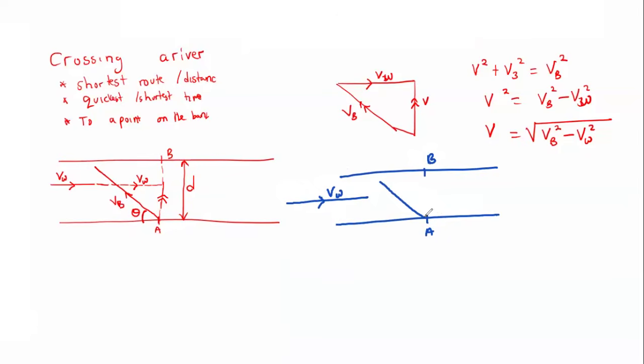You are going to come like this, and as you come, the water is going to push you like this. This is the velocity of the water, and this is the velocity of the boat. Once it pushes you, you're going to reach your destination. This is what we call the resultant. This is a right-angled triangle, so you utilize your knowledge of Pythagoras theorem.